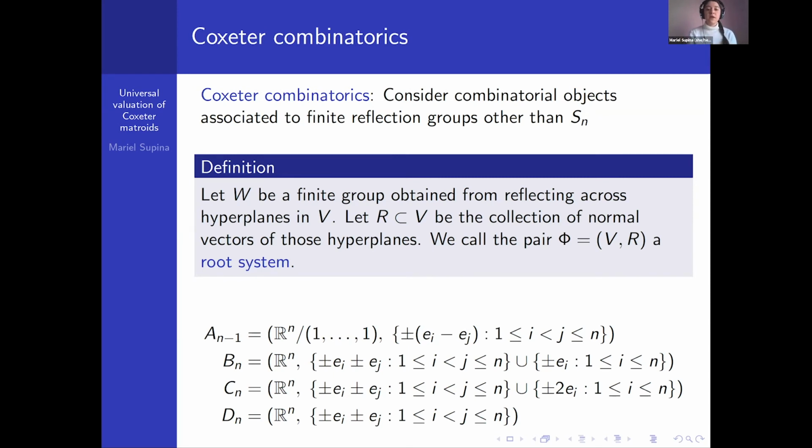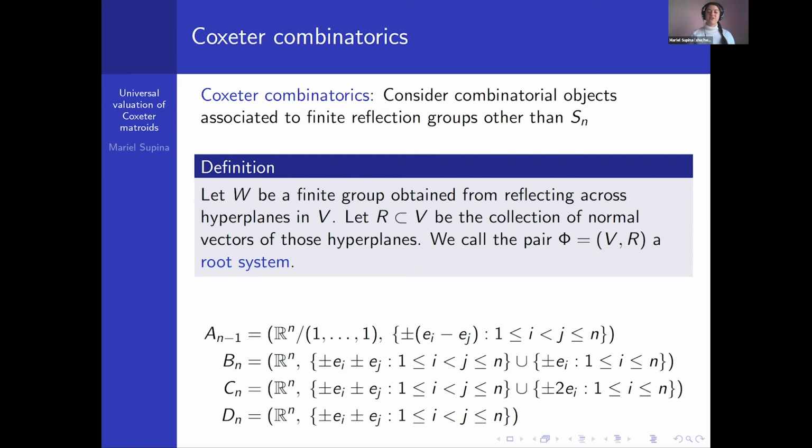And so in Coxeter combinatorics, we want to generalize this to finite reflection groups other than the symmetric group. What I mean by this is, suppose I have some hyperplane arrangement in V, then I can create a group by taking all the possible ways to reflect things across the hyperplanes.